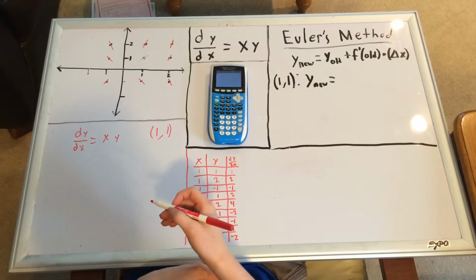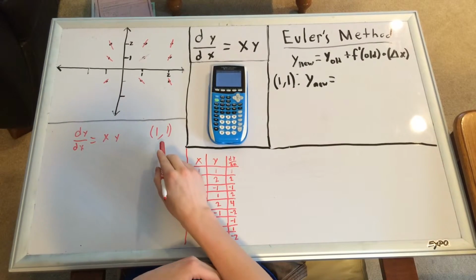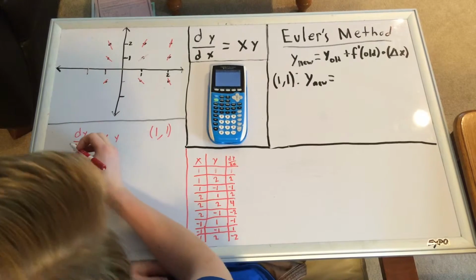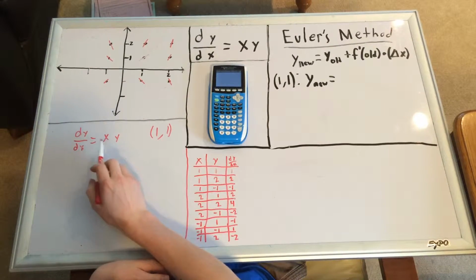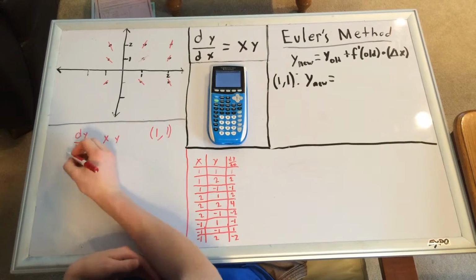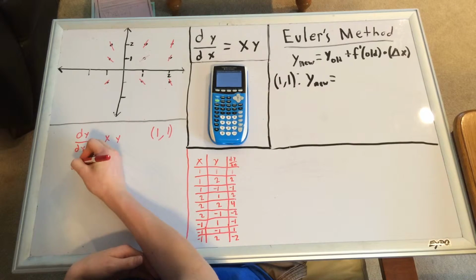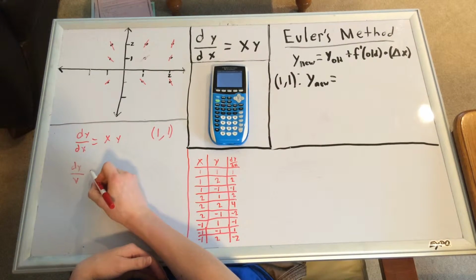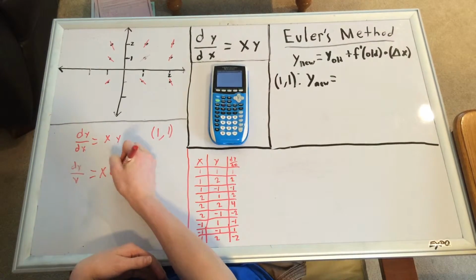Now we'll find the particular solution to this differential equation, starting with the initial condition 1, 1. So, first off, we need to separate the variables, getting the x's by each other and the y's by each other. We will do this by dividing through by y, getting dy over y, and then we will multiply through by dx to get x dx.